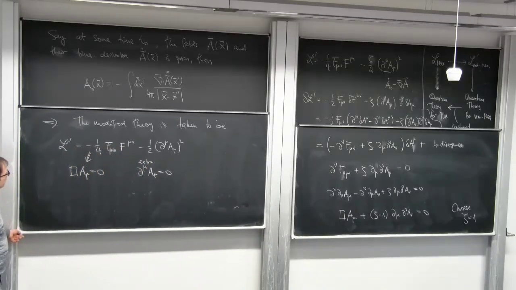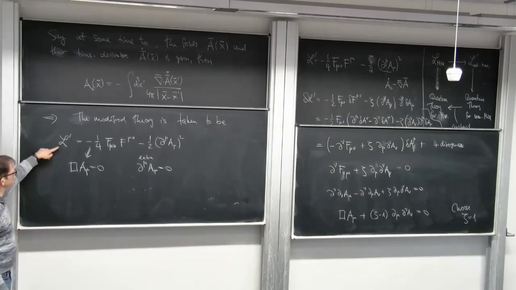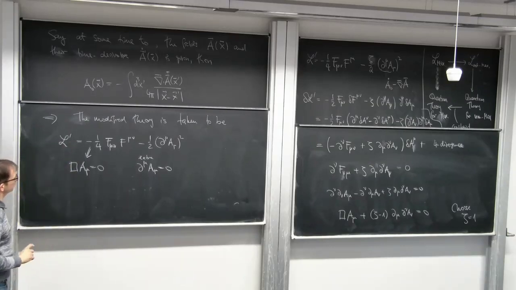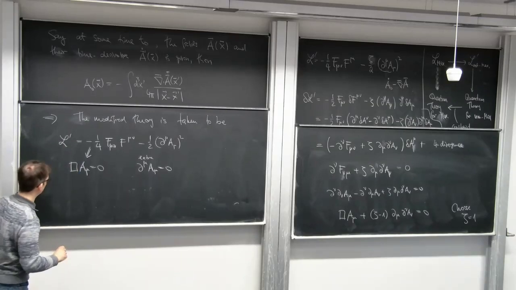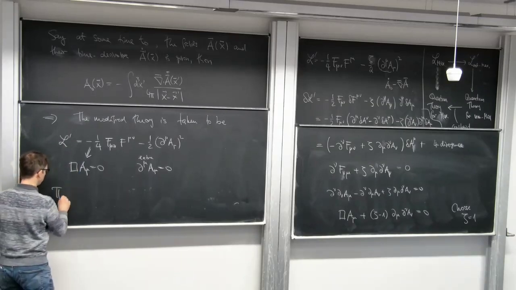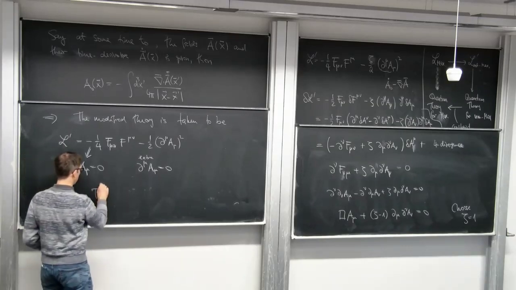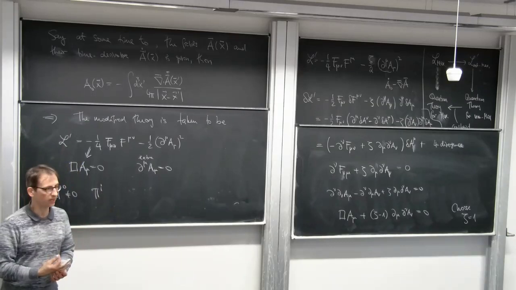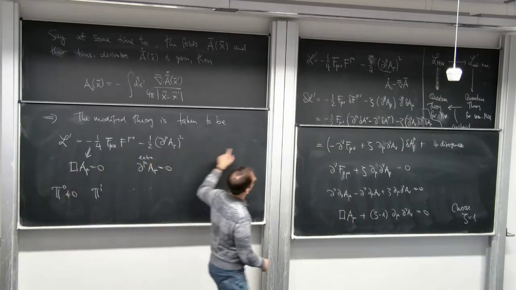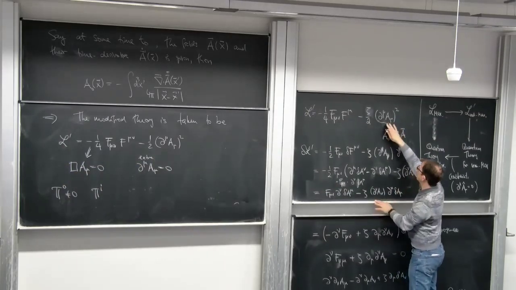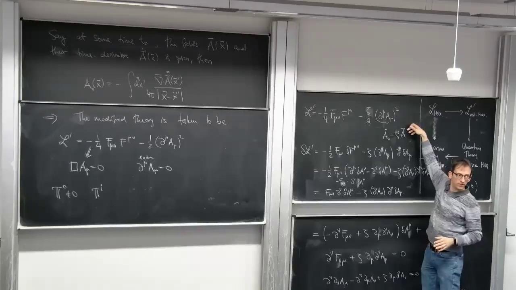Now, if I computed the π from this thing, I would find π^0 would be non-zero, and the π^i I would not have changed because this extra term doesn't add any time derivatives of a vector.